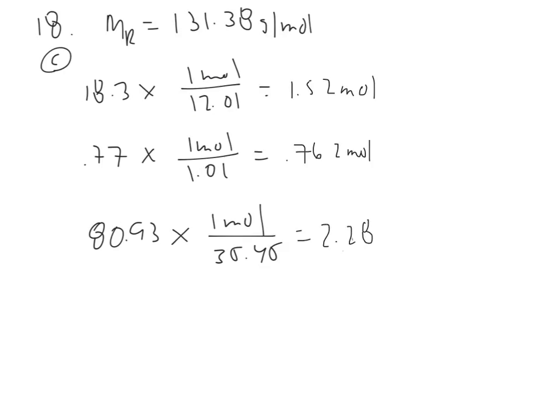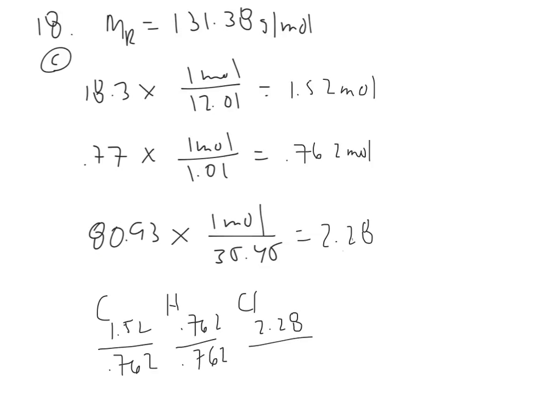So my formula then, C 1.52, H 0.762, and Cl 2.28, dividing by my smallest molar amount, I'm going to have C2, H1, and Cl3.